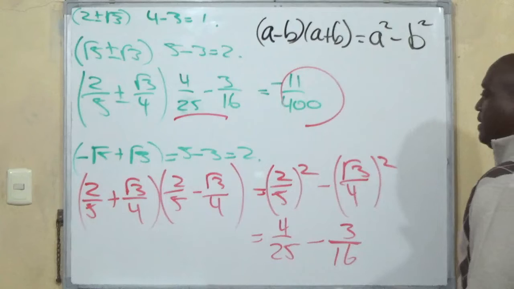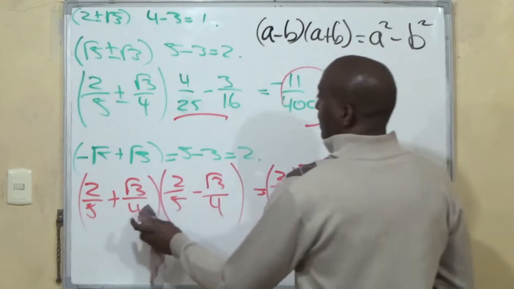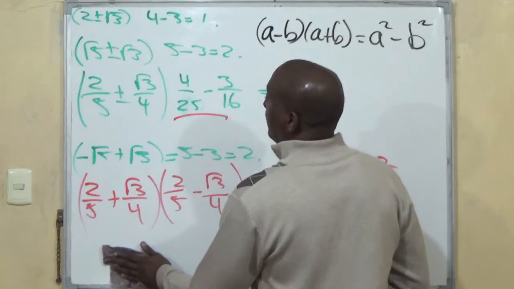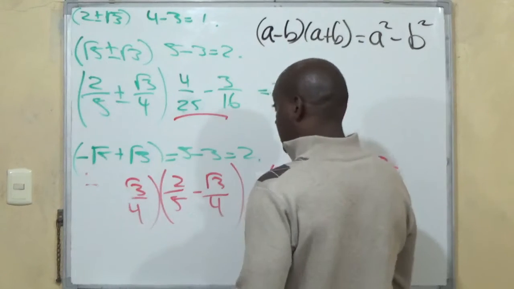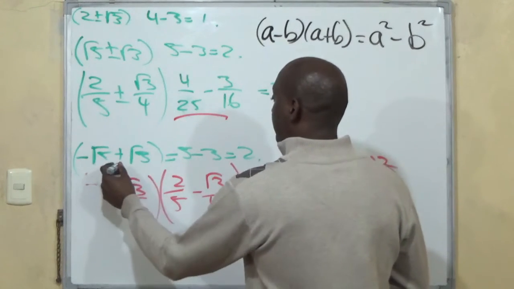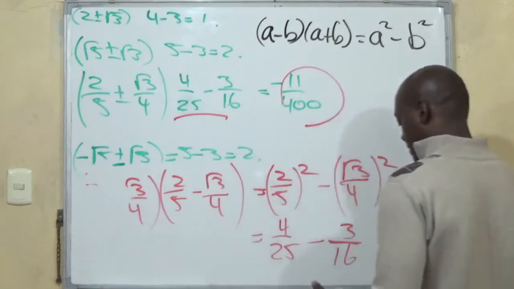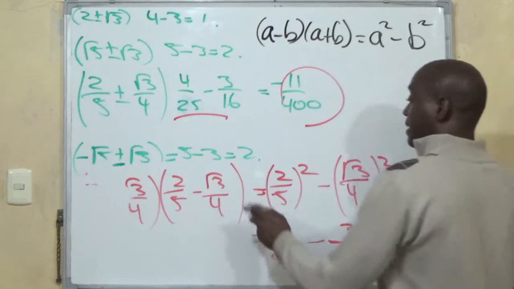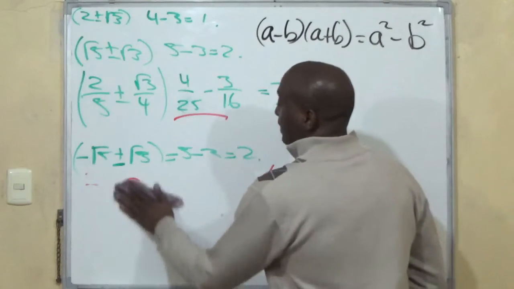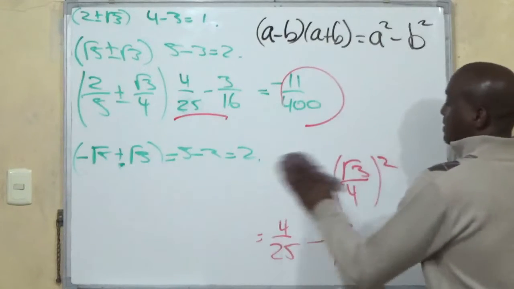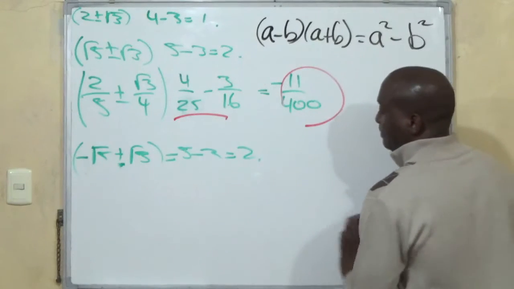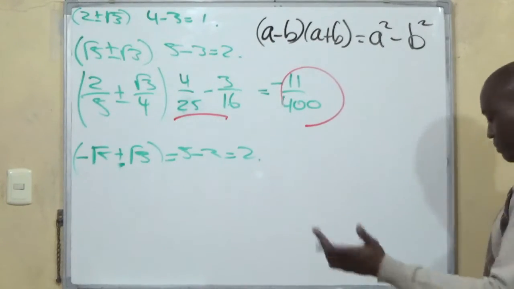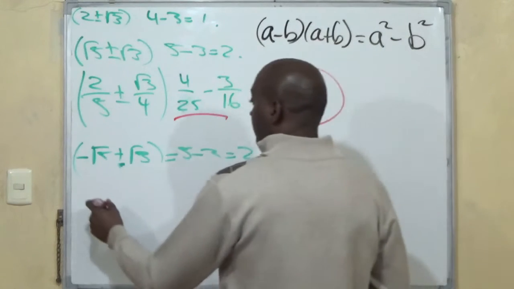Alright, so we're going again. Minus root 5 plus or minus root 3. It's supposed to be plus or minus, eh? Right, plus or minus. So basically, what we're talking about here is the same story.